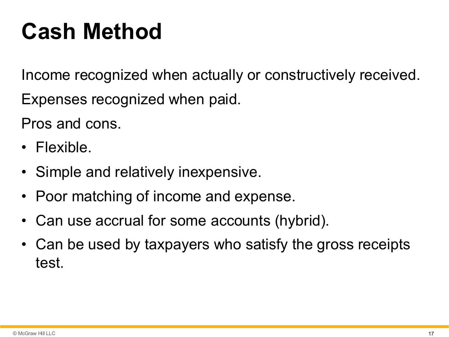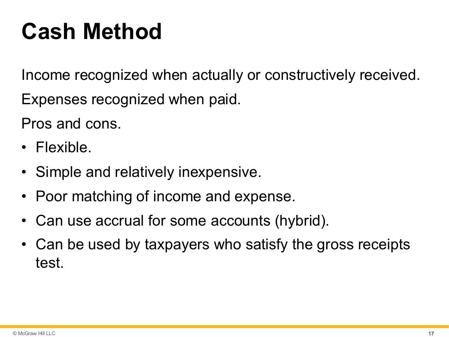So when we think about the two methods in detail, we'll think about the cash method first. Under the cash method, we did talk about the income piece a little bit on the previous slide. Income is typically recognized when it is actually or constructively received, and expenses are recognized when they're paid.